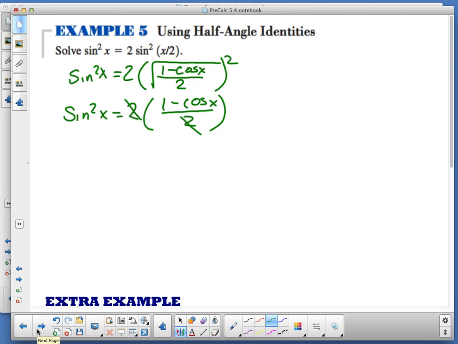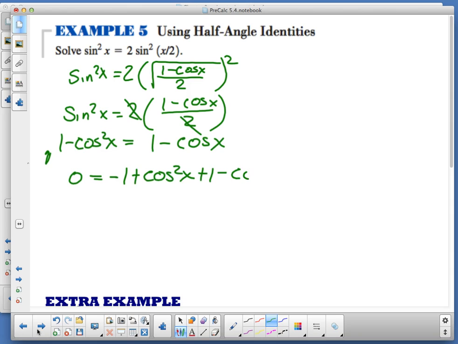That sine squared x is 1 minus cosine squared x. As I go through, I get 1 minus cosine x here. Now I'm going to kick this stuff over on this side to the right. So I've got 0, and I'm going to put over there negative 1 plus cosine squared x plus 1 minus cosine x. Okay.